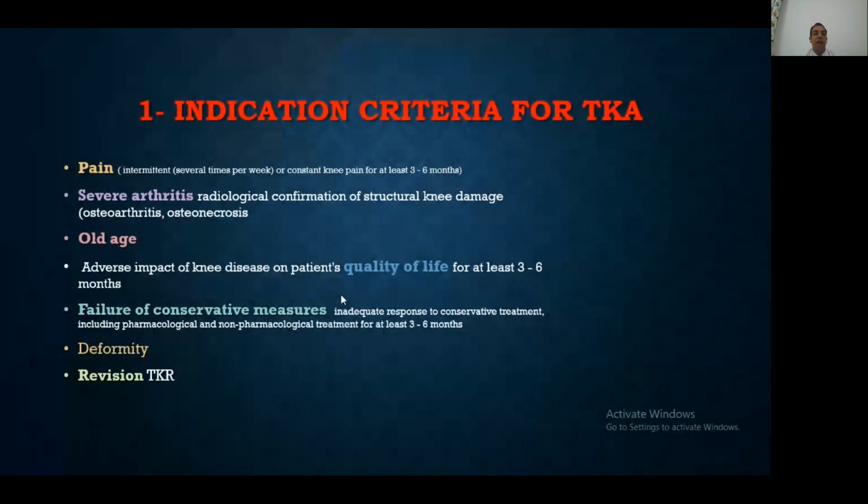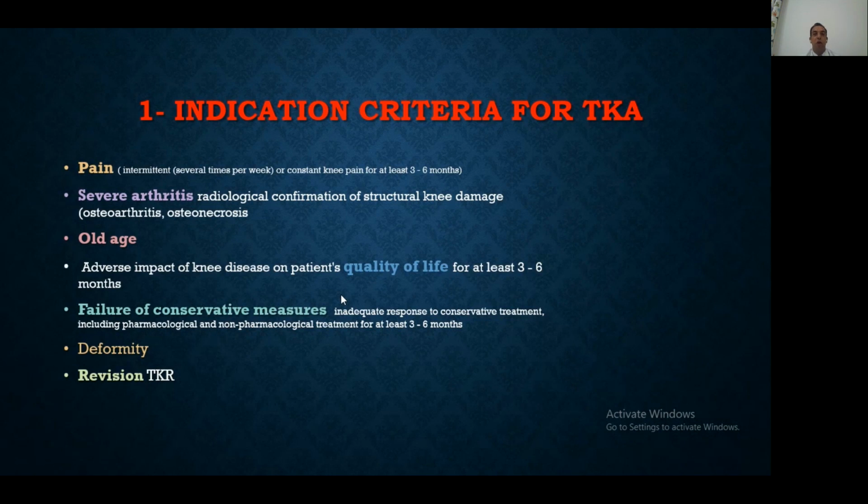The patient must have pain with an arthritic joint, and this pain must be not less than 3 to 6 months, with intermittent pain many times a week or constant pain. And also, the patient must have severe arthritis confirmed by X-ray or radiological imaging, and also confirmed clinically.